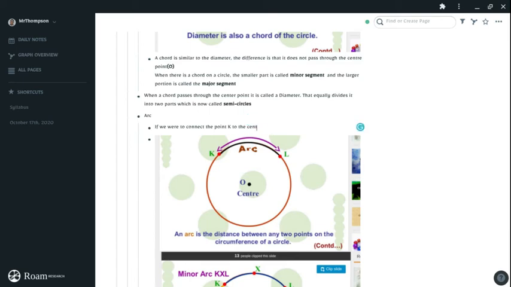Because K is 1 point on the circumference that connects to the center, and that is the definition of a radius: 1 point from the circumference to the center point. So if we were to connect that point to the center, it will be called the radius.